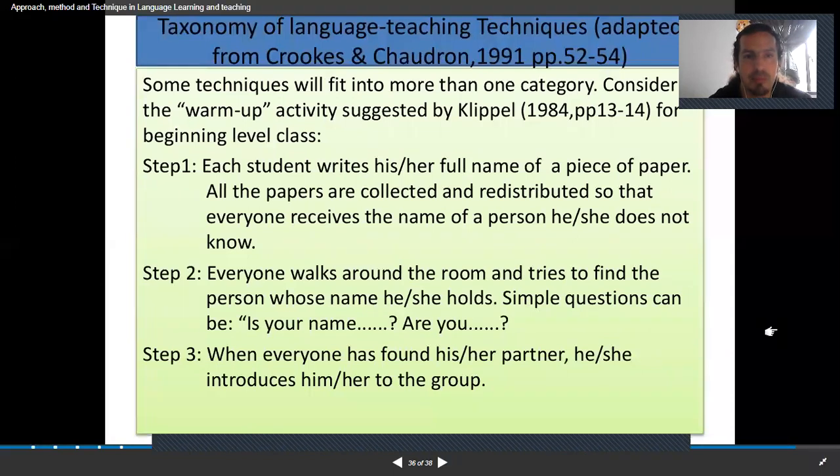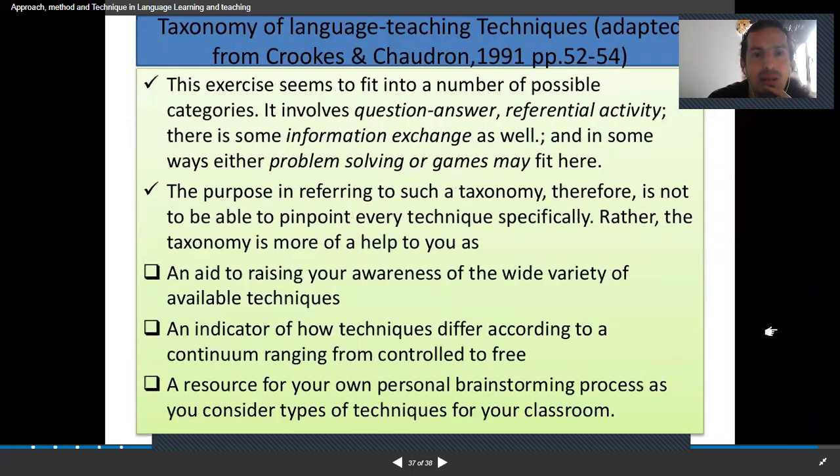Okay. Another idea related to Klippel, 1984. So how to start creating these warm-up activities, right? For every activity, you're going to create your steps, as you see right here, right?